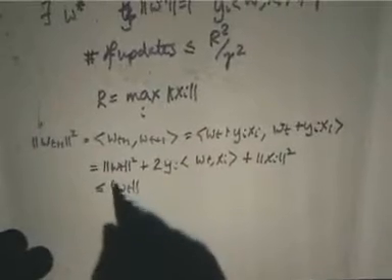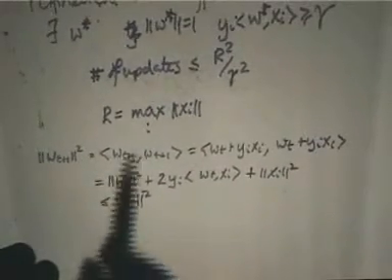Now, because this example was misclassified, we note here that this middle term is actually less than or equal to 0. That was the condition under which we made the decision to update. And so this is less than or equal to just dropping that term, the norm of w_t squared. And this one, of course, is, by our assumption, bounded by R squared.